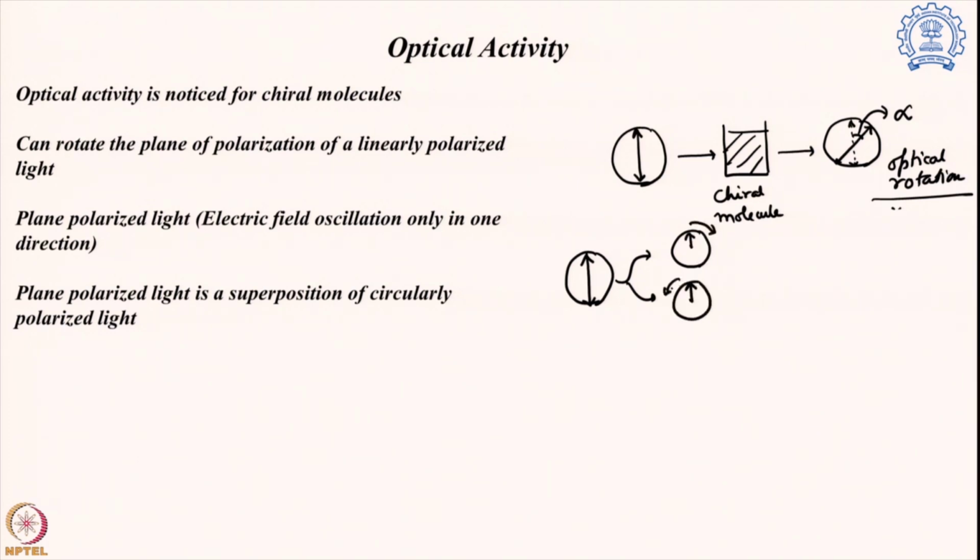What do I mean by circularly polarized light? It means when I start, I have my direction of the electric field in this particular direction, then it starts rotating on the right hand side and continues to do so.